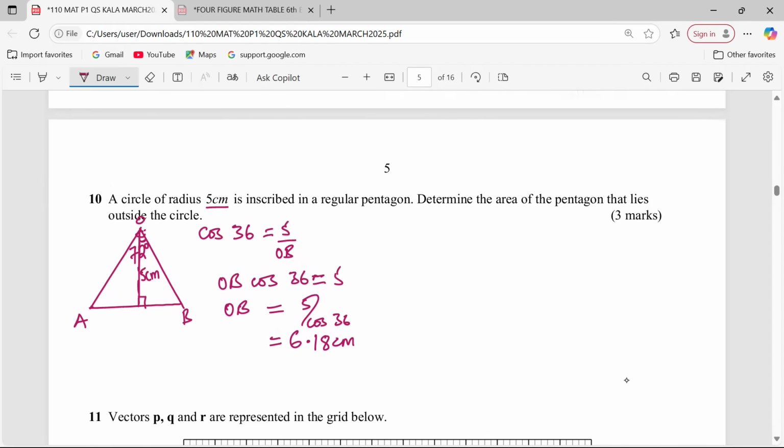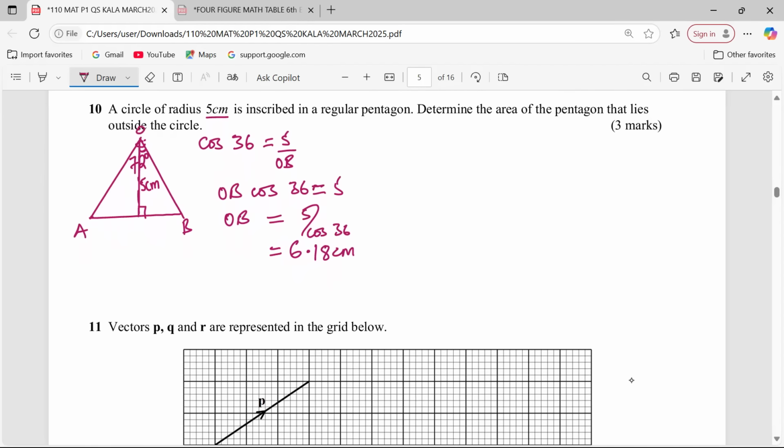So if we have that dimension, then we can say the area of this triangle equals half times 6.18 times 6.18 times the sine of 72, because the area should be half AB sine theta.